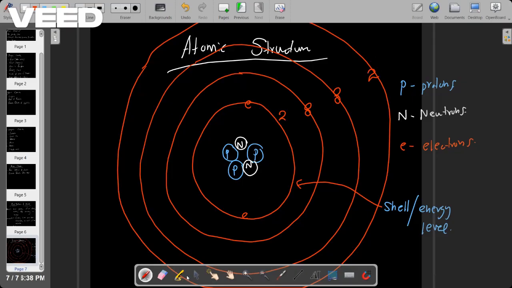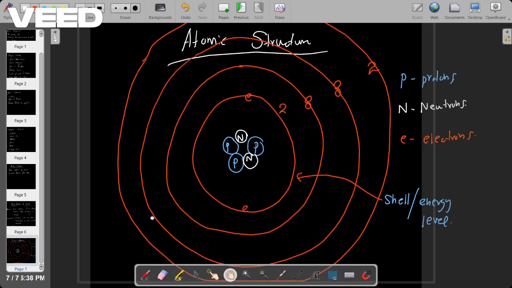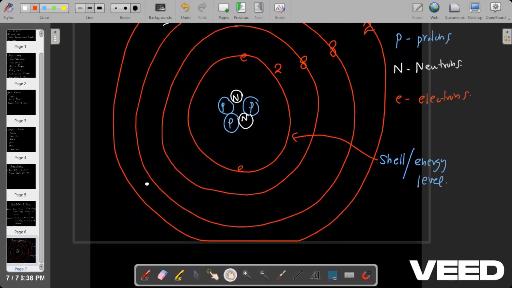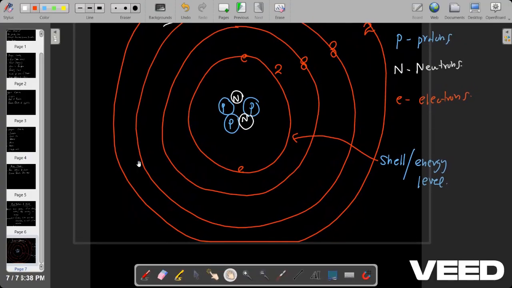Right? Now I will give a small task. Let's see. If there's an atom called A containing three electrons, how many electrons are there in the first shell?